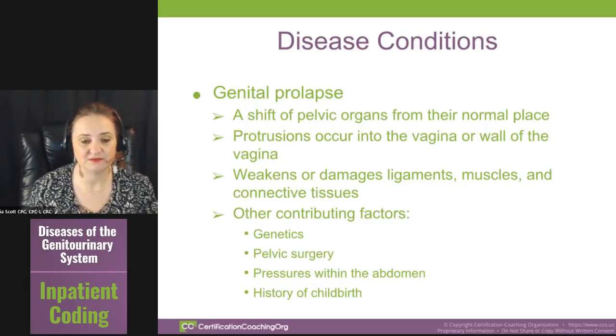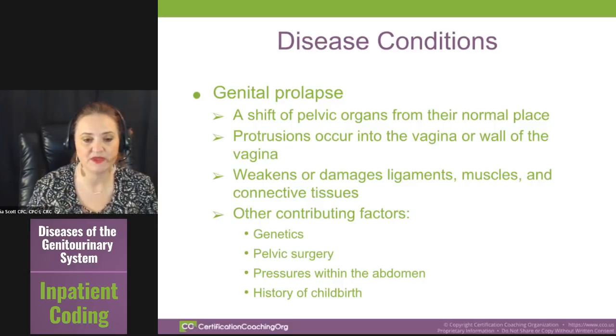This can also happen with the bladder. Contributing factors: genetics. Maybe it's just in your genetics that everything loosens, like some people are genetically predisposed to having more wrinkles than other people.